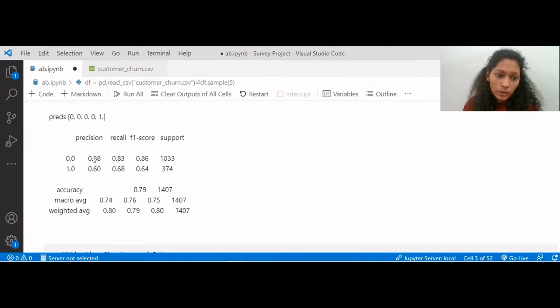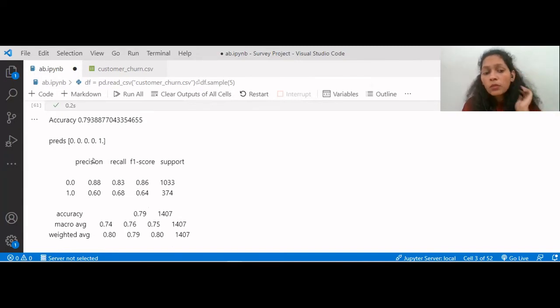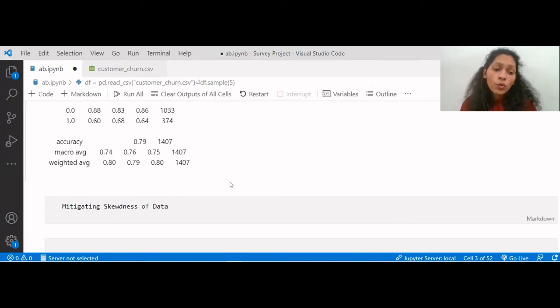Basically, what we see is the precision and F1 score, and the difference you can see is that the precision for the 0 class is 0.88 and for the 1 class is 0.60, and similar for the F1 score. There is a huge difference between the F1 score of the 0 class and the F1 score of the 1 class. So our main motive, the goal, is to reduce this difference and maintain the accuracy as well.